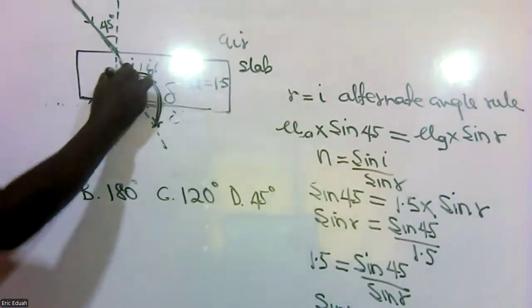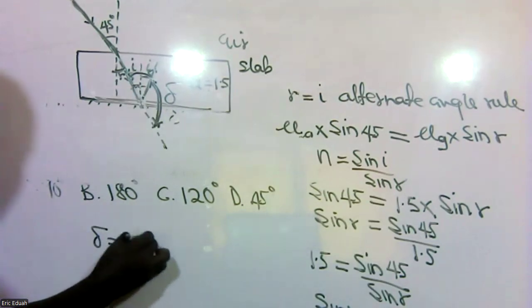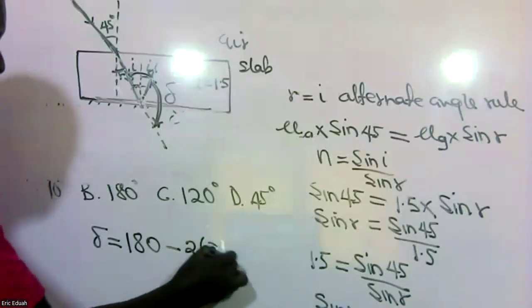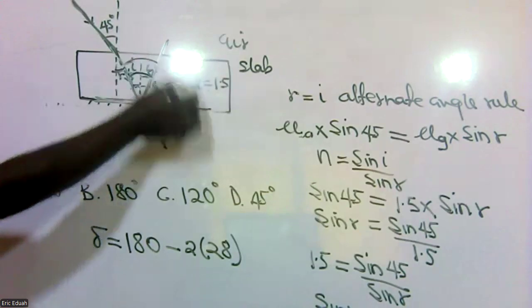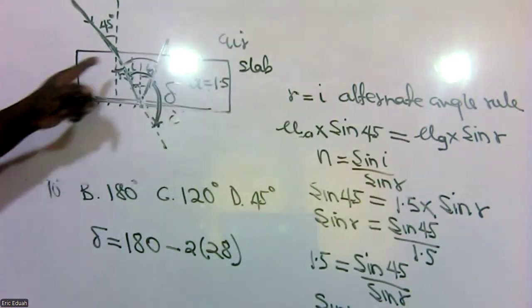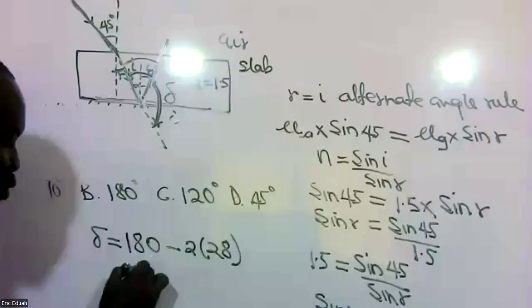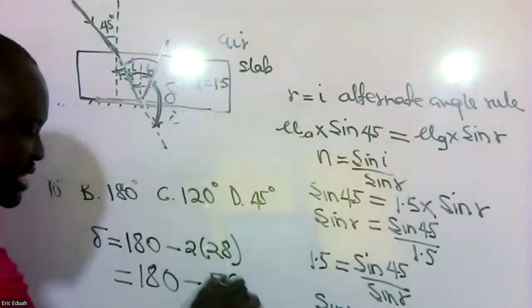The angle of reflection will also be 28. So the angle of deviation will be equal to 180 minus 2 times 28, because this whole angle here is equal to 2 times 28, or 28 plus 28. And what is 2 times 28? This is 56.